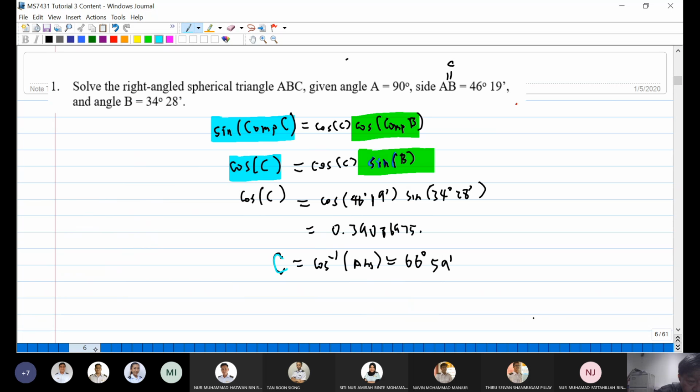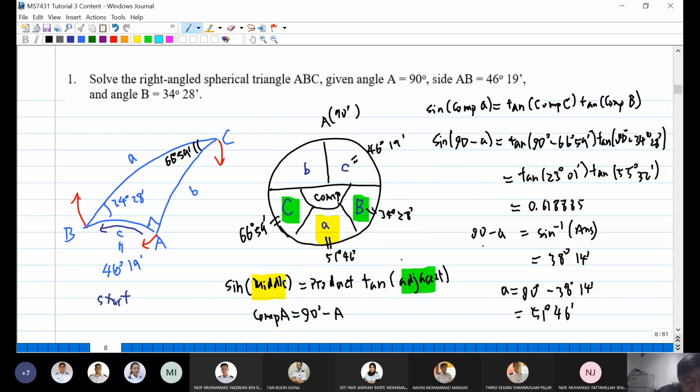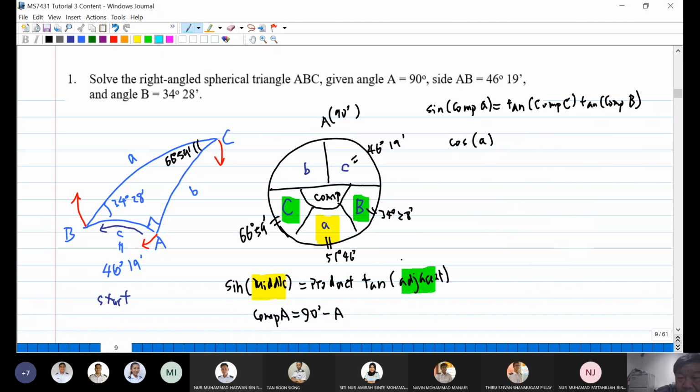That is it. I use the blue color one. So you can see this is cosine A here.